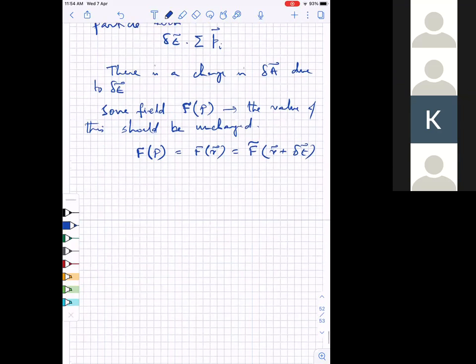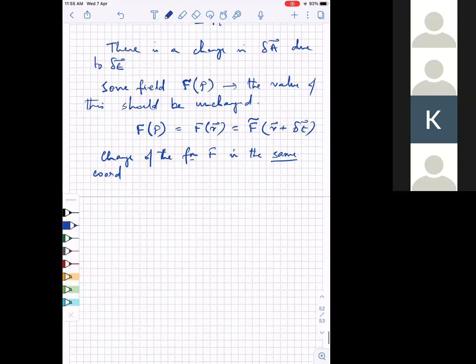However, if I look at the change of the function f in the same coordinate, this should of course be my function plus some change. The new function is this old function, but the coordinate now is the same.